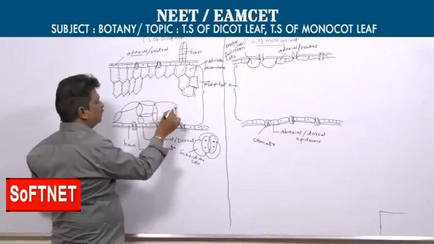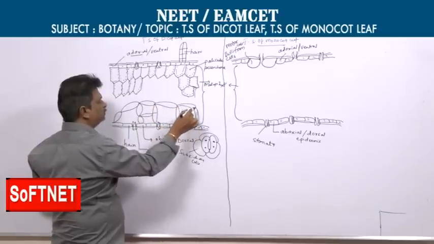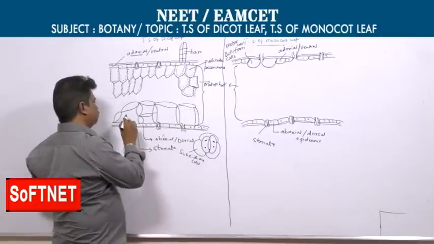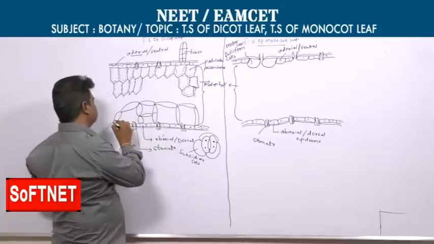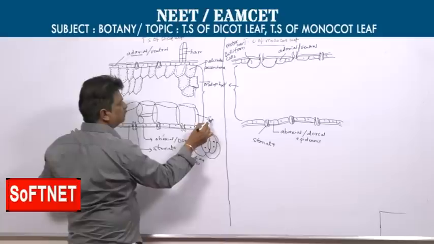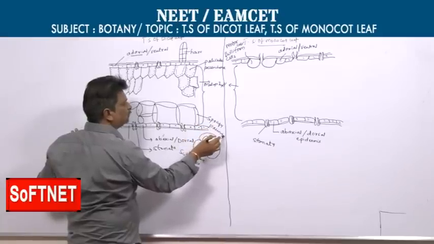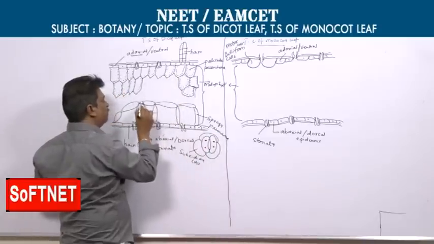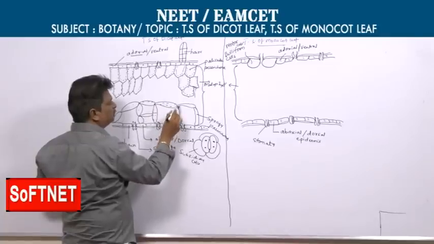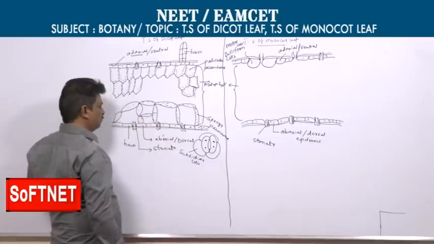Here cells are loosely and irregularly arranged, so large intercellular spaces are present. They contain chloroplast, but compared to palisade, less chloroplast is present in sponge. So the lower side is light green.